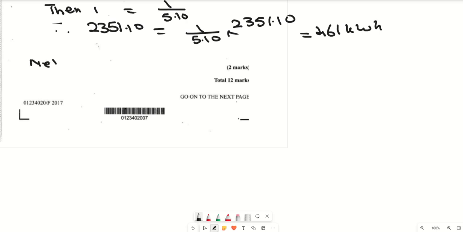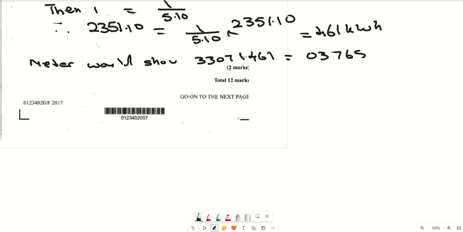The meter would show 3,307 plus 461, which is 03768.